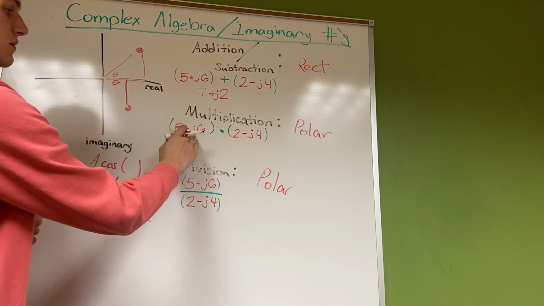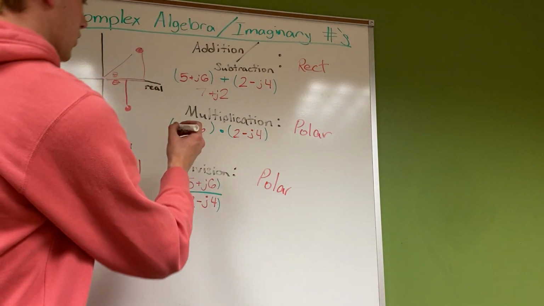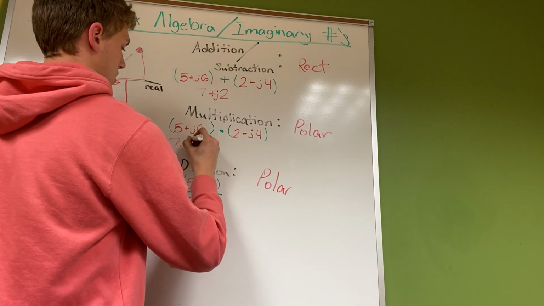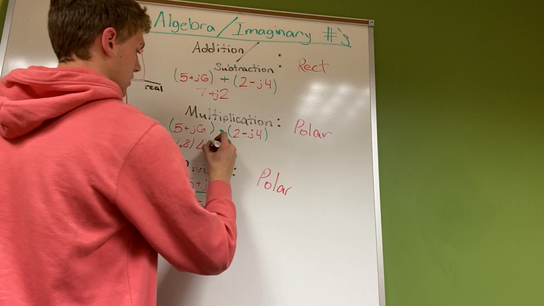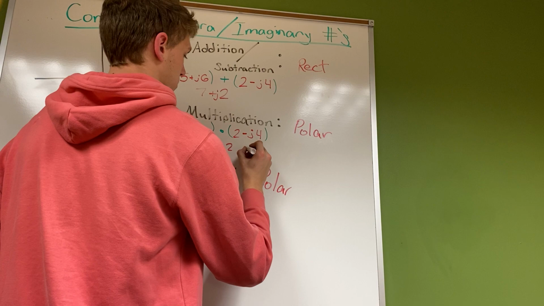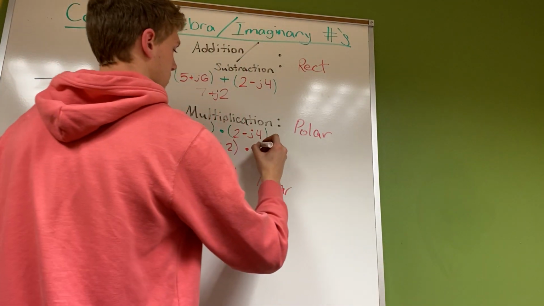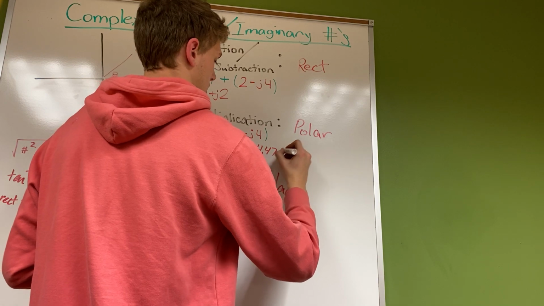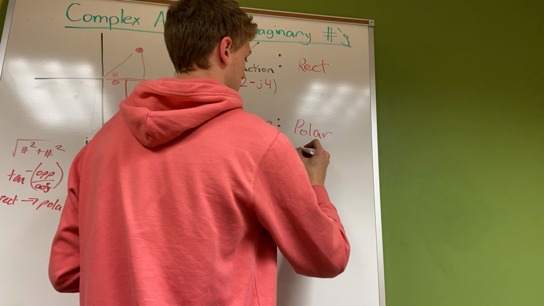So 5 plus j6, I believe, is 7.81 at an angle of 50.2. And I'm going to multiply that by 4.47 at an angle of negative 26.6.